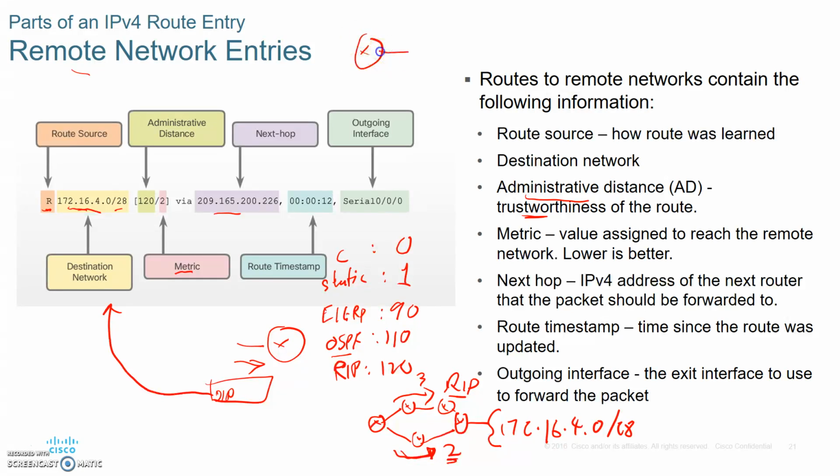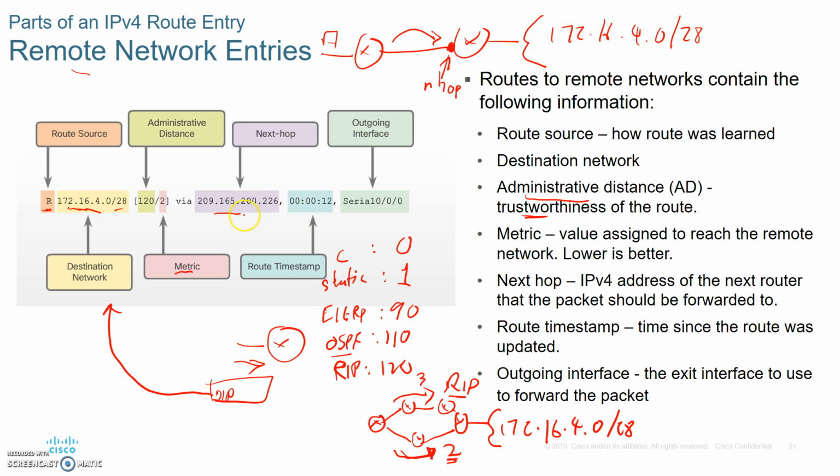For example, if the destination network is over here, and this router receives a packet going to this network, the next hop will be the IP address of this router, this interface. So that will be the next hop.